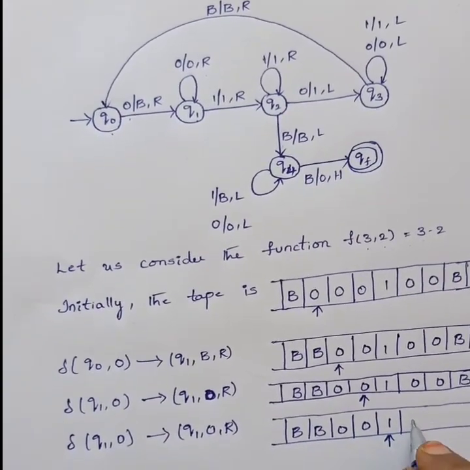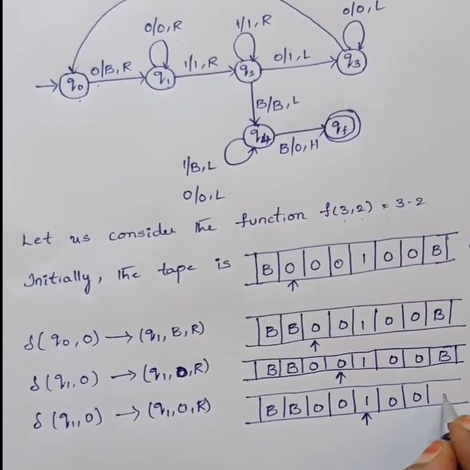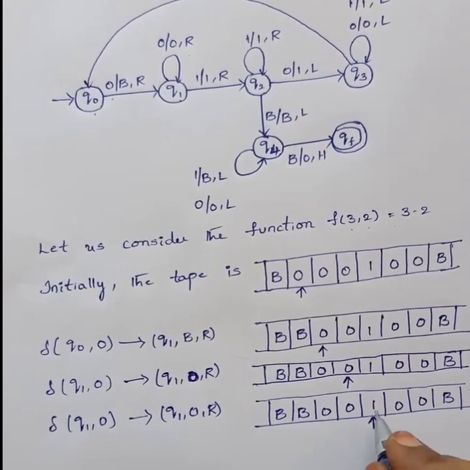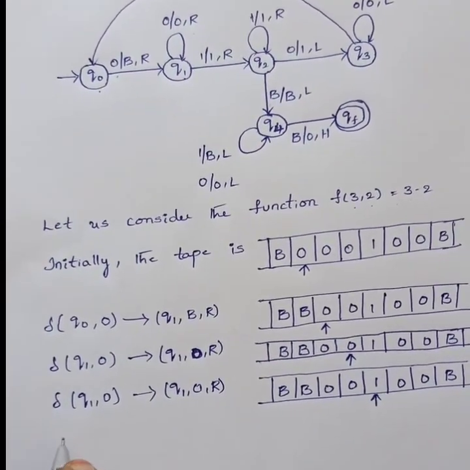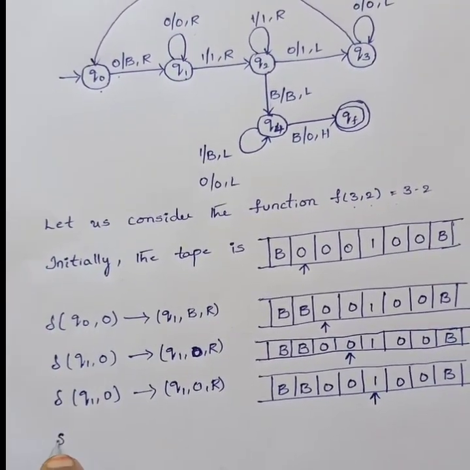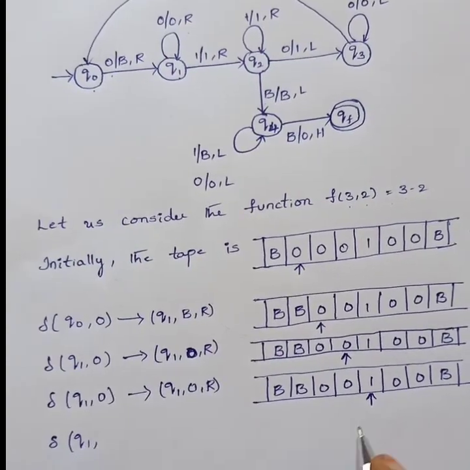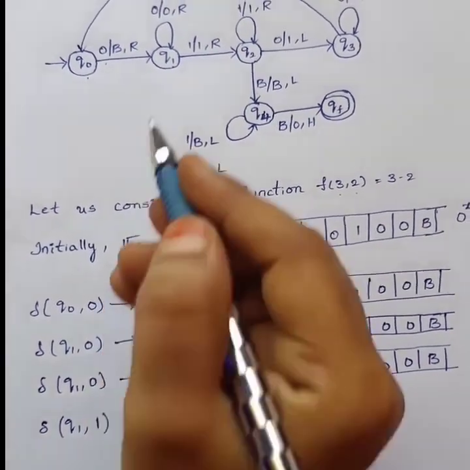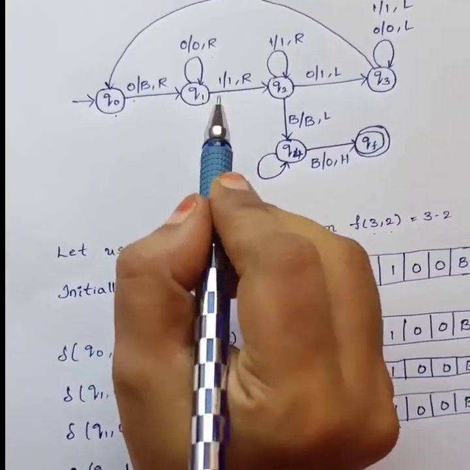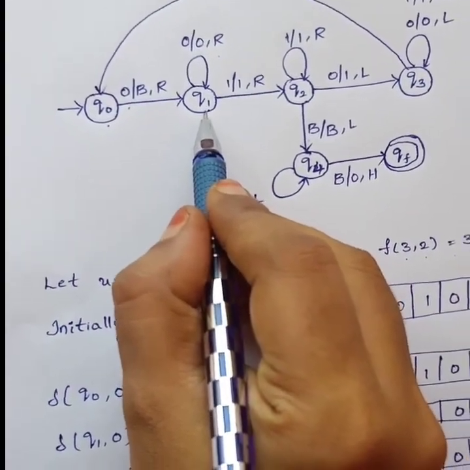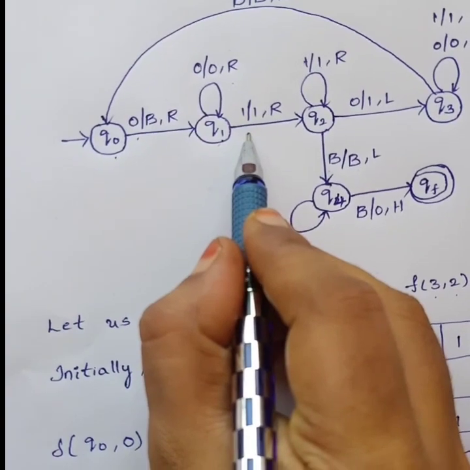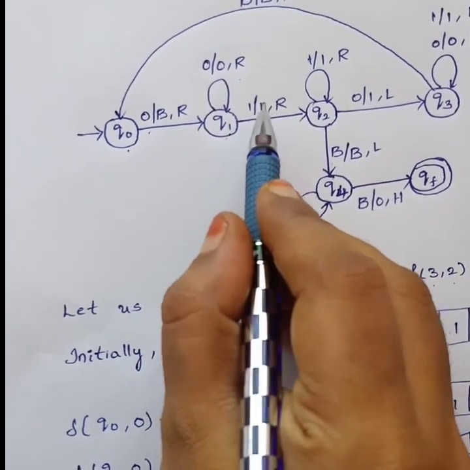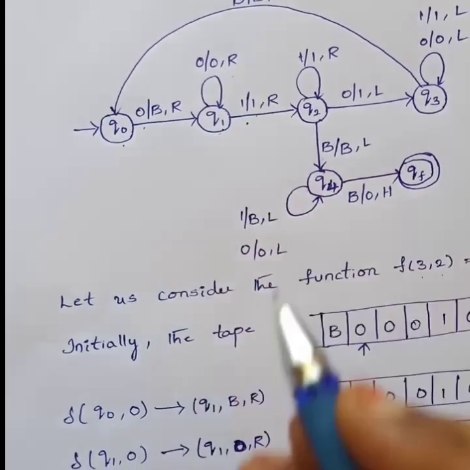Now the read write head indicates a 1. Again I am in the Q1 state and I get the input 1. In the Q1 state, if I get 1, I rewrite that 1 as 1 and move to right.